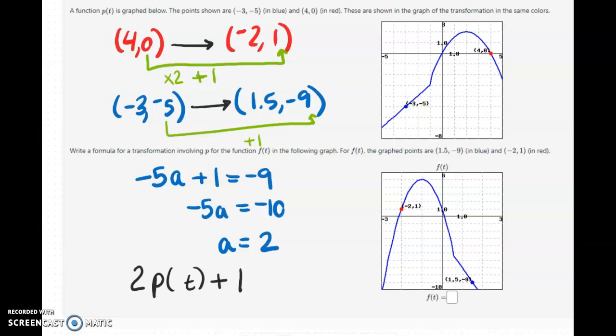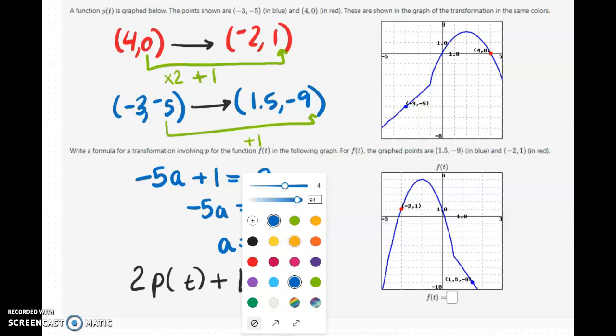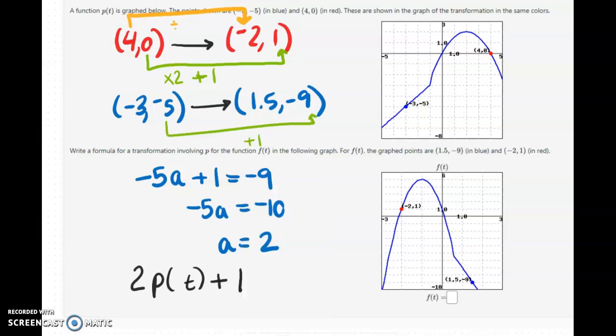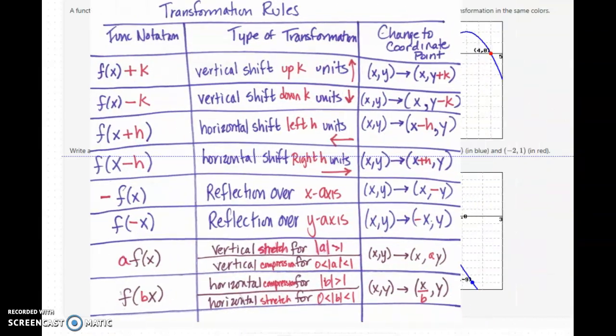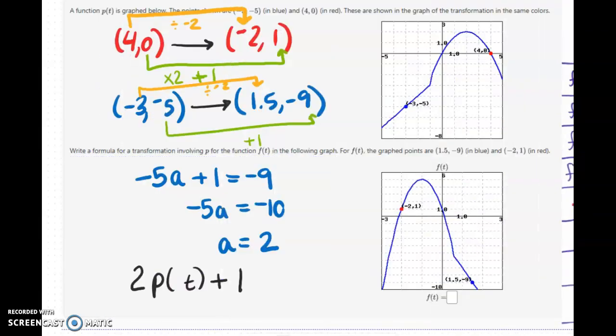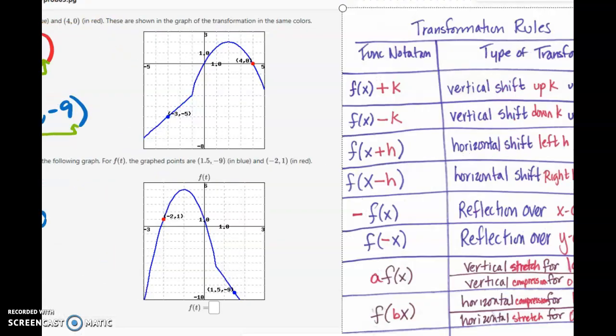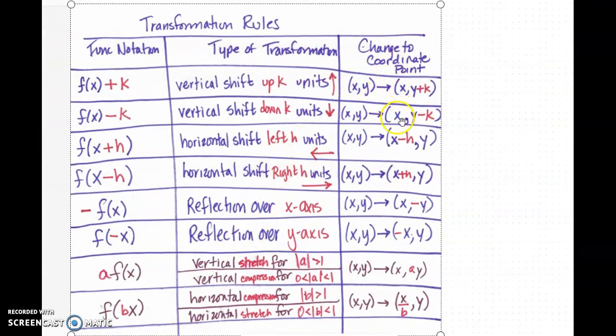Now take a look at the x coordinate. For the x coordinate, I see that this is dividing by -2. And what about this x coordinate? Is this divided by -2 also? Yes. So in order to divide by -2, let's look at our transformation table for the x coordinate. Which one of the x coordinates divides by a number?